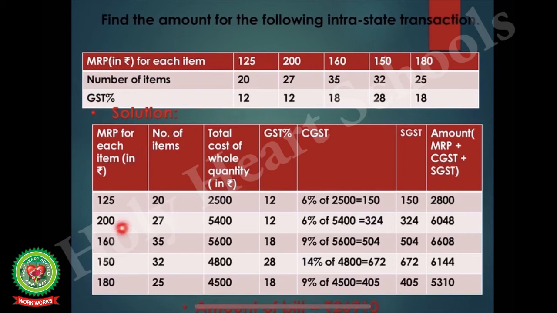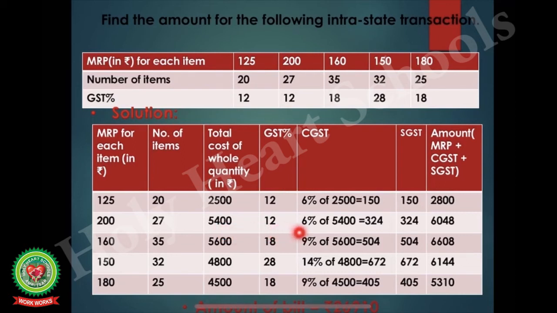Now for the second item, the cost is rupees 200. The number of items purchased is 27. So the total cost of whole quantity comes out to be rupees 5400. The rate of GST is 12%.